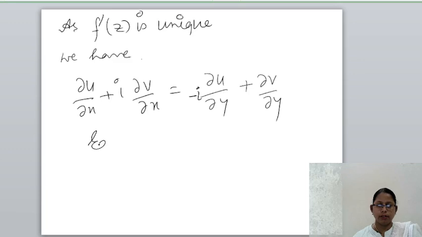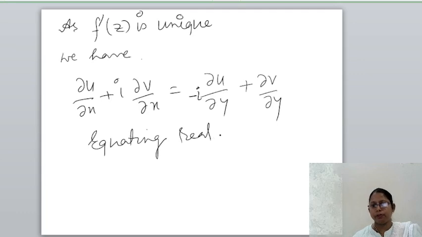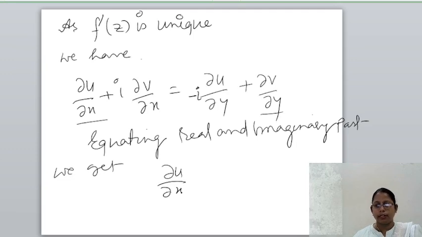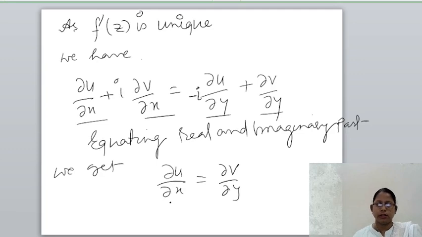So equating real and imaginary part, we get here real part is this one, that is del u by del x is equal to del v by del y, and imaginary part is with this one, that is del v by del x is equal to minus del u by del y.